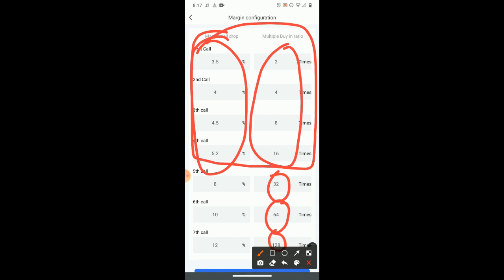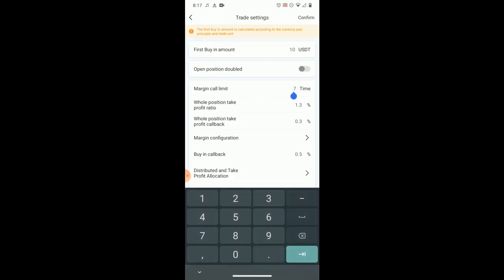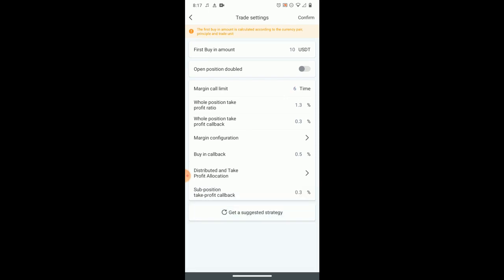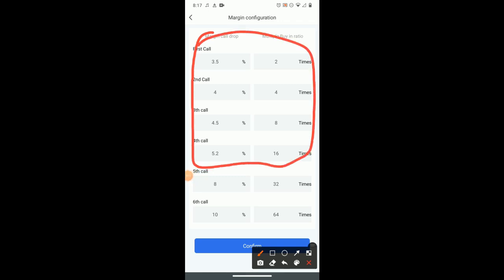Like me now, I said I put mine to be 6. If I put mine to 6 times, under the margin configuration, my sub-beam mode will only recognize the first 4. So dollar cost averaging will affect the first 4, but these last 2 it will not affect.